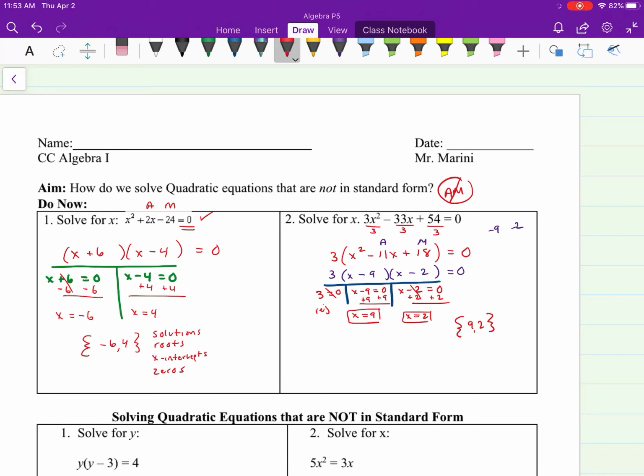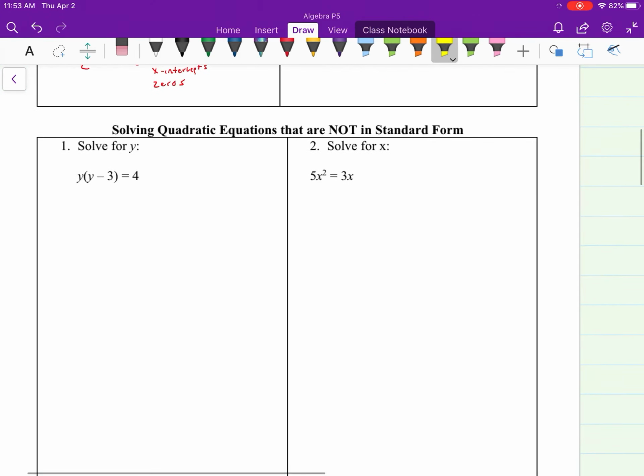So one of the nice things about those two examples and the examples that we saw yesterday is that they were already equal to 0. When it says equal 0, that means standard form. However, if I scroll down here, I notice that these equations are not equal to 0. So I'm going to do a couple of them with you, and then I'll be in Google Meet if you guys have any questions.